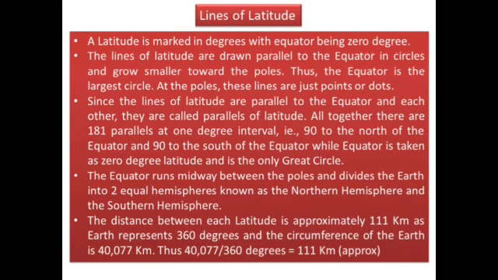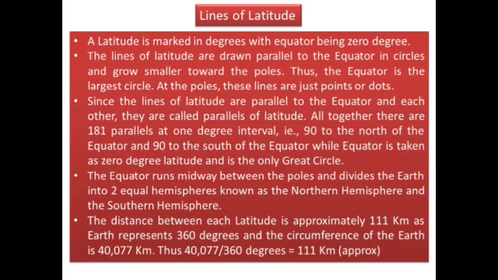Altogether, there are 181 parallels at 1 degree interval, that is, 90 to the north of the equator and 90 to the south of the equator, while equator is taken as 0 degree latitude and is the only great circle. The equator runs midway between the poles and divides the earth into two equal hemispheres known as the northern hemisphere and the southern hemisphere.